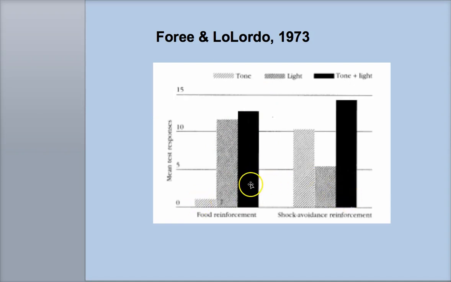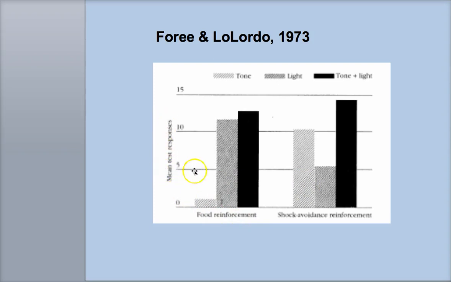The bold black lines are the compound stimulus together, the tone and the red triangle light together. And these are two different groups of birds, so the rate of responding is a little bit different. But you'll see that the maximum amount of control for both groups occurs when the tone and the light are presented together. However, when they're tested separately, the tone is on the left, the light is on the right. So here's the food reinforcement group.